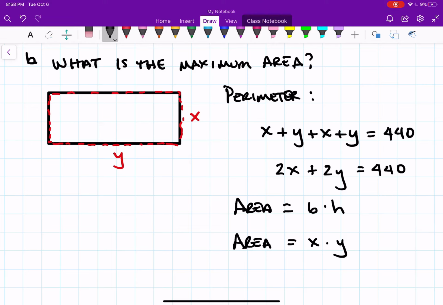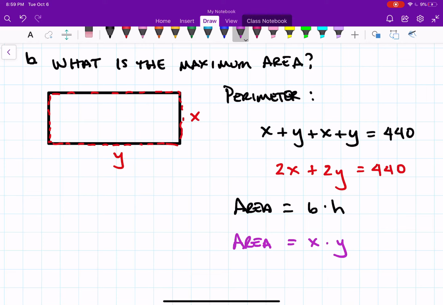Okay, so what can I do? Well, look at this, guys. Check this out. Don't I have one equation and a second equation, right? I want to maximize area, and I don't know what the area is, right? Because it's going to want to know what the area is.